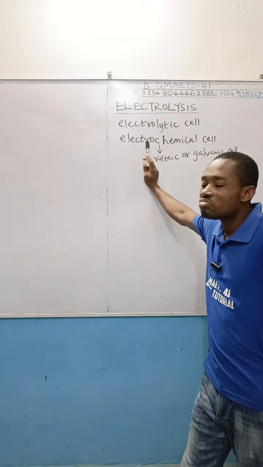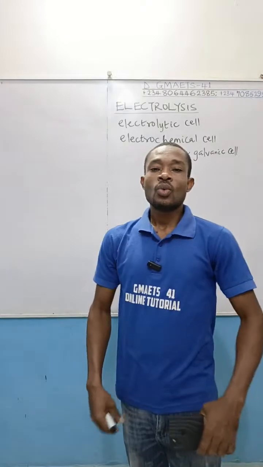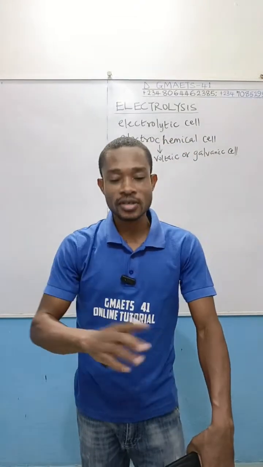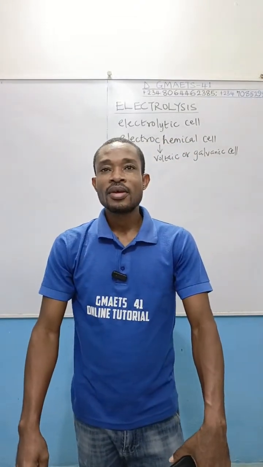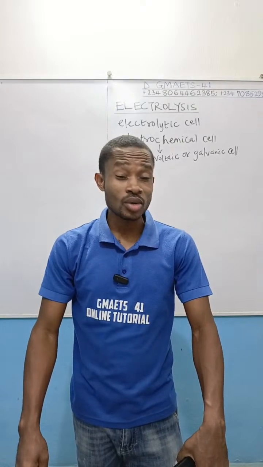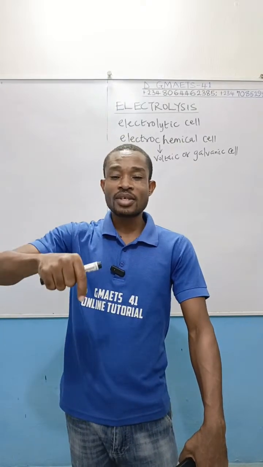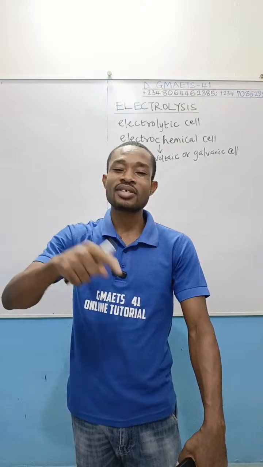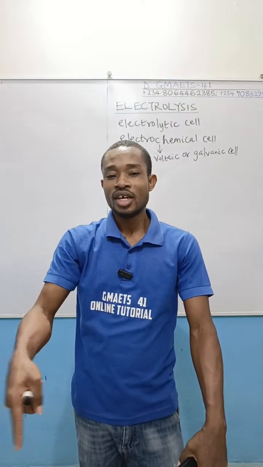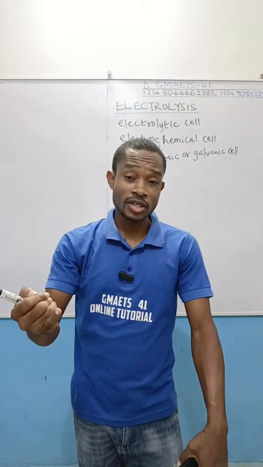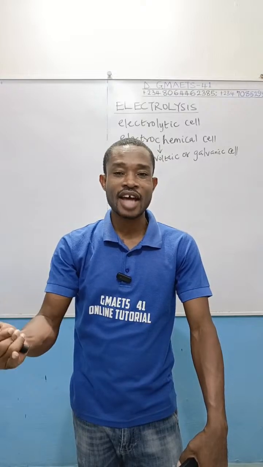And the reaction that takes place in both cells is the same thing, right? What do I mean by that? In terms of the reaction that takes place in the half cell, in the cathode and the anode, they are the same. For example, in electrolytic cell, reduction takes place in the cathode.